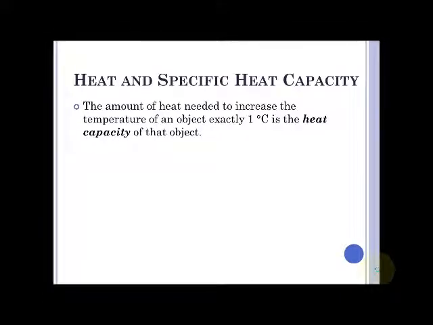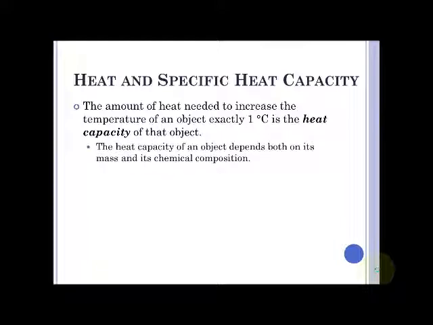So what do we do with all this stuff? We actually have what's called a specific heat capacity. The heat capacity is the amount of heat needed to increase the temperature of an object, any object, exactly 1 degree Celsius. The difference between heat capacity and specific heat capacity has to do with the mass of the object.